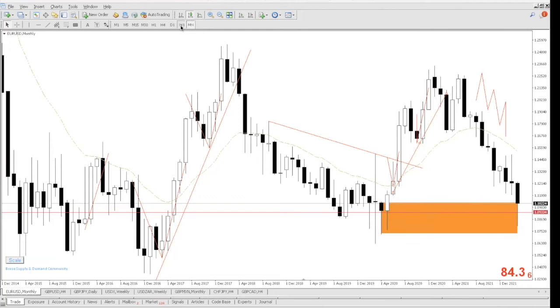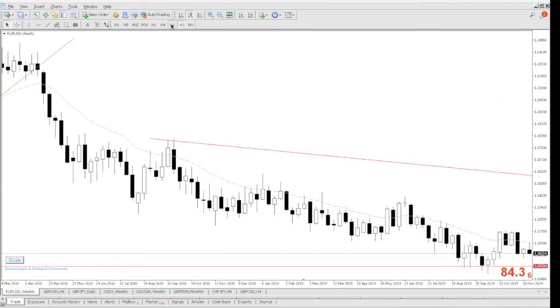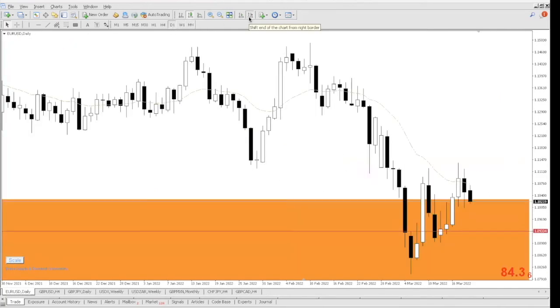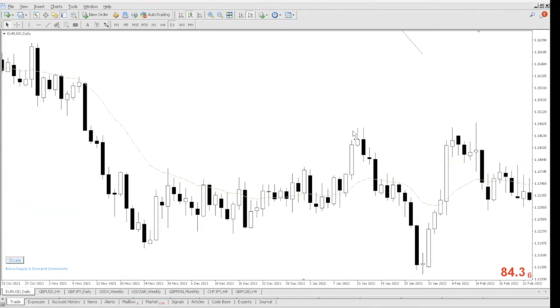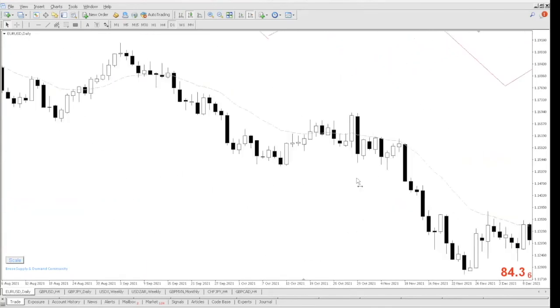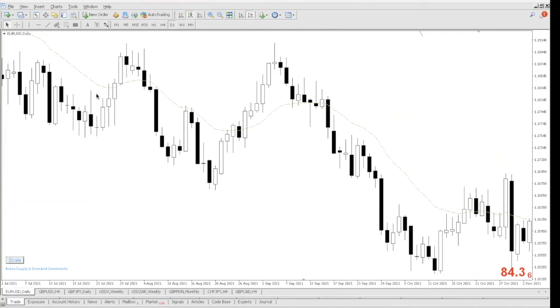And since that time, Euro USD has been going up. So I can even demonstrate for you the bearish ones on the daily charts. Let me show you.